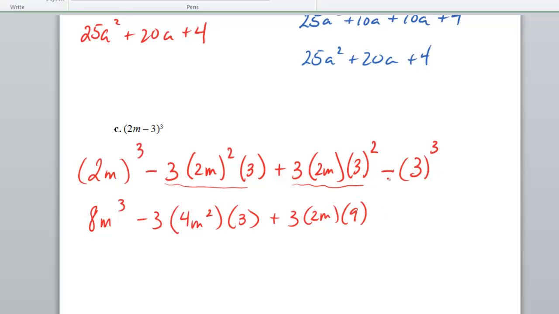Now notice that this negative is not part of the 3 cubed as far as the pattern is concerned, so we'll negate that 27 in the end. And so now I just need to do all of my multiplication properties. And I have my final polynomial.